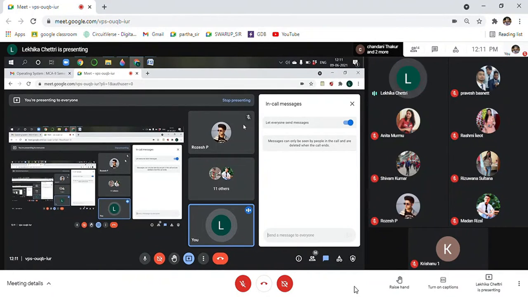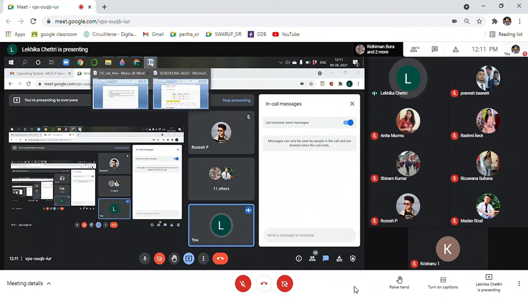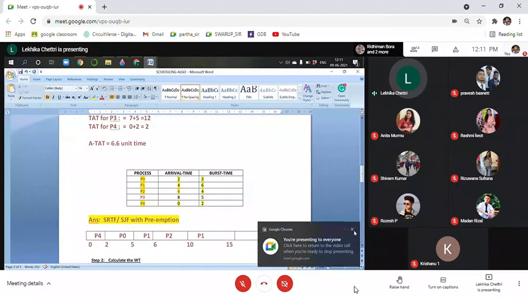The next algorithm that we did, your SRTF, also known as SJF with preemption, is a preemptive type of algorithm. The third algorithm, for which we'll be seeing numerical today, is also a preemptive type of algorithm. So let's go to yesterday's question.